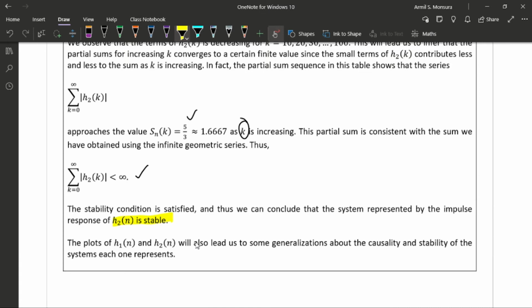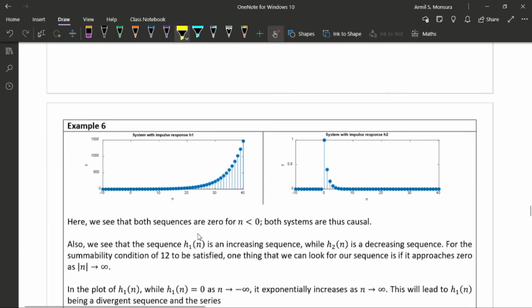You can also take a look at the plots of H1 and H2 as sequences, and see that H1 is an increasing exponential, while H2 is a decreasing exponential.